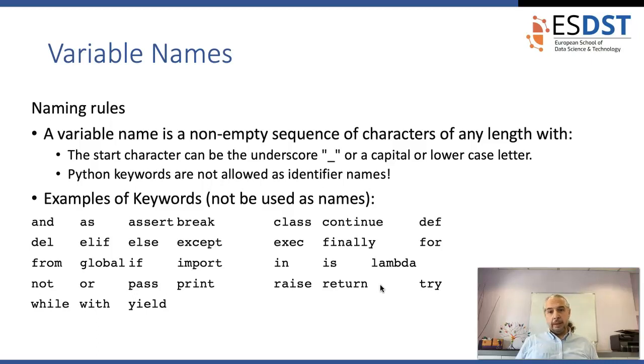And the keywords of Python are not allowed as identifier names. So here are the most common keywords of the language. You can't use these as identifier names by themselves. They can be part of a name, but it cannot be a name by itself.